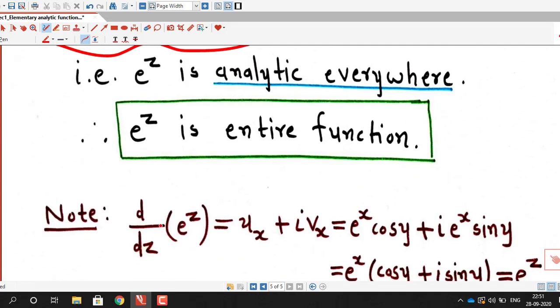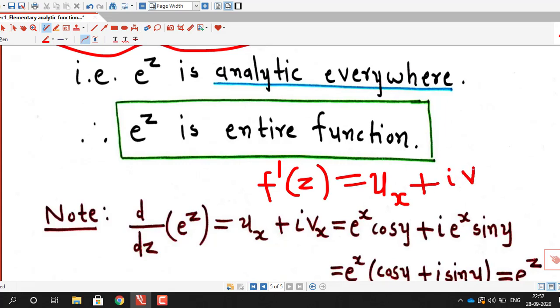By the definition or some result, if you recall, if f of z is u plus iv, we have shown this formula in one lecture which I have uploaded on my channel.